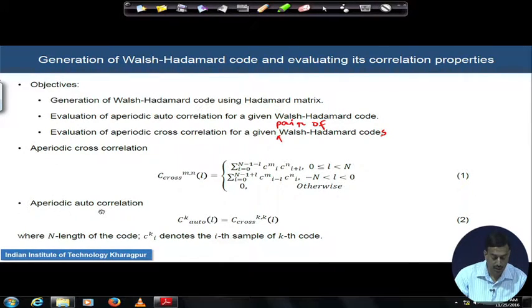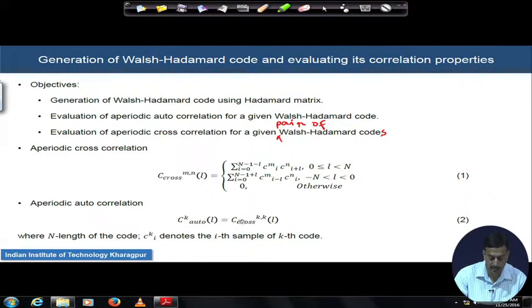The autocorrelation term is just a special case of this cross correlation definition. So autocorrelation is nothing but checking the similarity between the same code, that is a code with itself, just a shifted version of the same code, and so therefore now the indices m and n are the same because it is the similarity with itself.